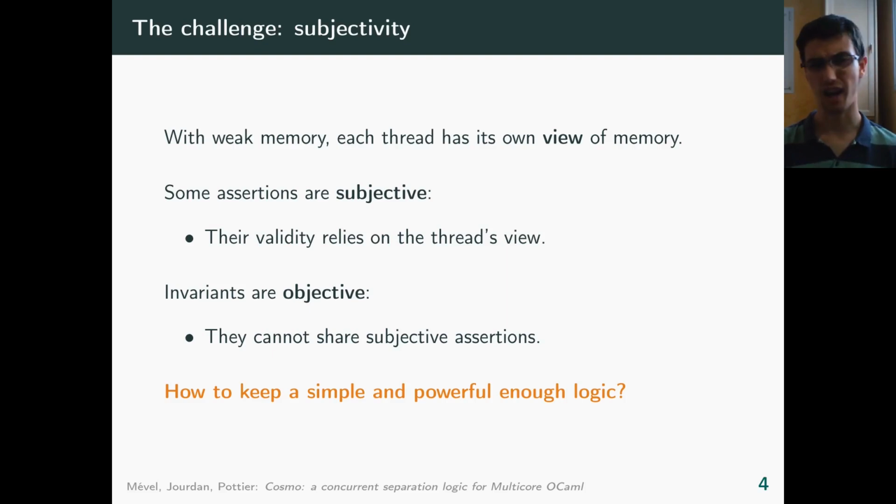But on the other hand, invariants hold equally for all threads, so they can only contain objective assertions, where by objective we mean non-subjective. Then, the challenge is to keep a program logic which feels simple and natural enough, but at the same time is able to deal with subjectivity and allows subjective assertions to be shared between threads.